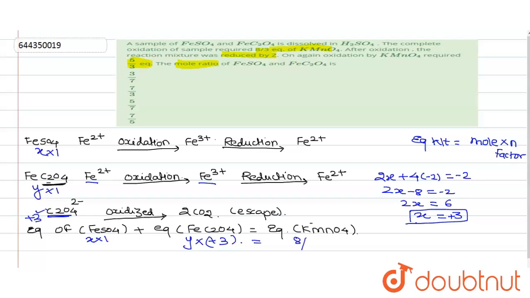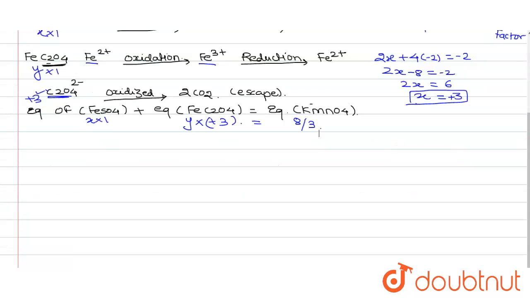Here it is 8 by 3, given in the question. When we solve, we get one equation: x plus 3y is equal to 8 upon 3. I can rearrange this to x equals 8 upon 3 minus 3y. I'll call this equation number 1.